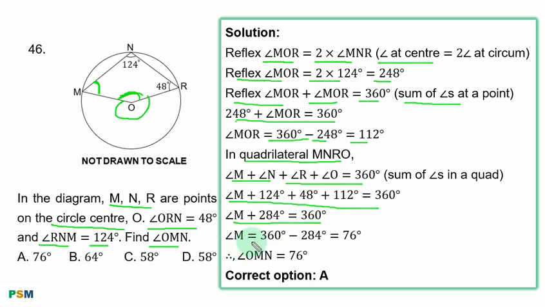Angle M is equal to 360 degrees minus 284 degrees, and that is 76 degrees. Using 3 letters notation, angle M is the same as angle OMN equal to 76 degrees. The correct option is A.